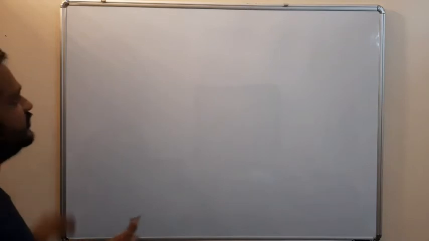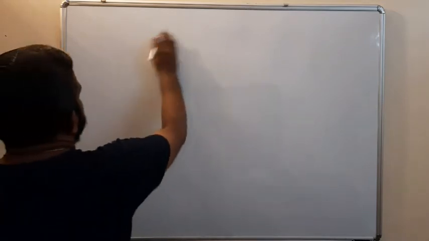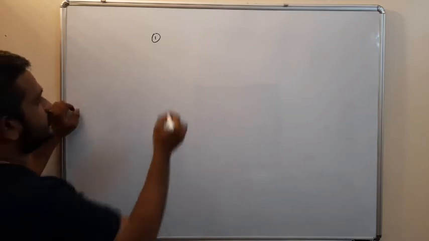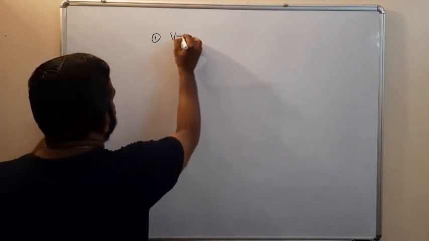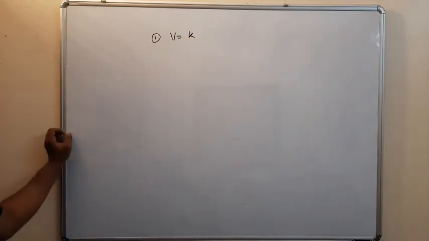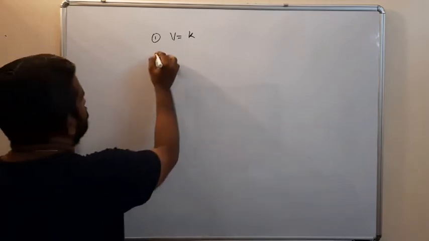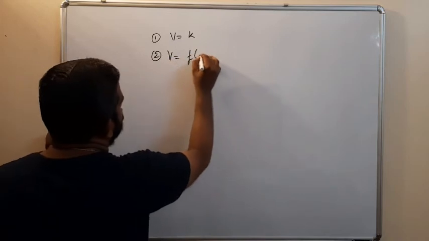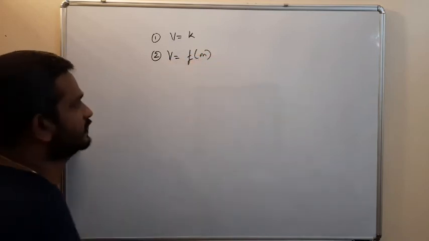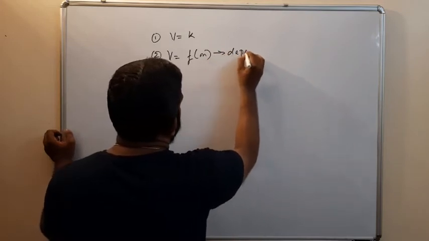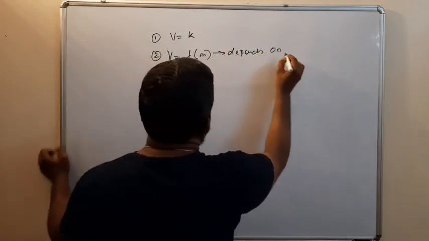The instantaneous velocity will be given in one of these three forms: v is equal to some constant, or v is equal to f of x, that depends on displacement, or v is equal to f of t, that depends on time. So the instantaneous velocity will be given in one of these three forms.